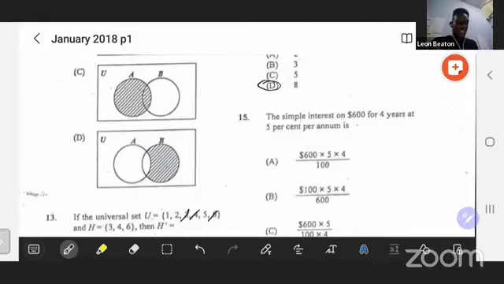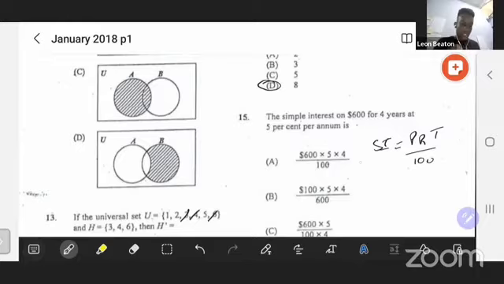The simple interest on 600 for 4 years at 5% per annum is... So we know the formula we use to find simple interest is PRT over 100, where P is the principal, R is the rate, and T is the time. So to find the simple interest here, we just plug in the values that we know.